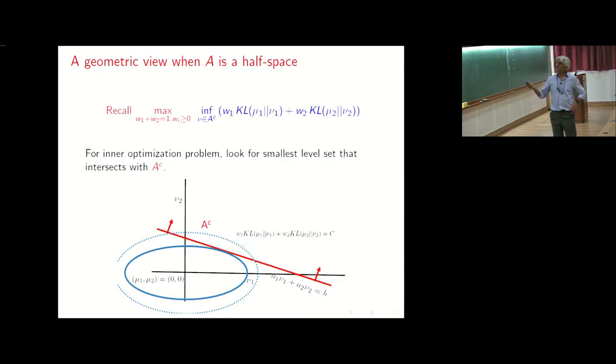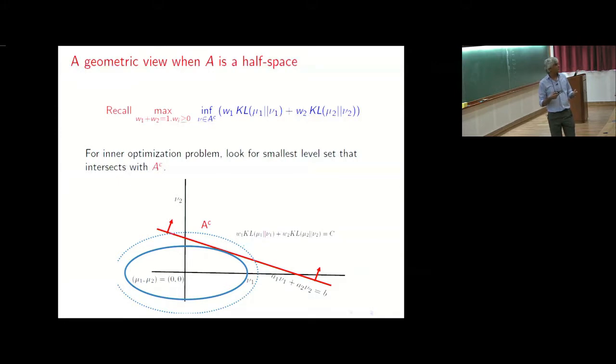And now, what's nice about this problem is that no matter what the form of A complement, this is a concave function of W, right? It's a linear function of W here, and the infimum of linear functions of W is going to be a concave function of W. So it's a concave programming problem. So if I were to solve this for a given W, I can do some kind of gradient descent and move towards the optimal.